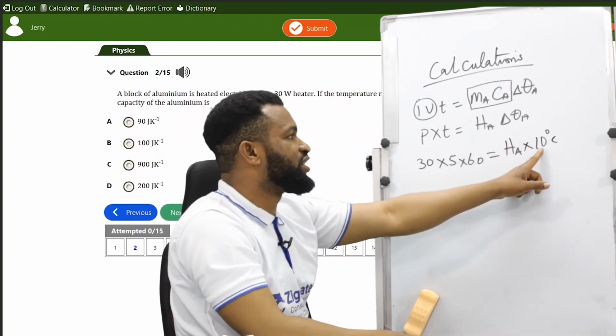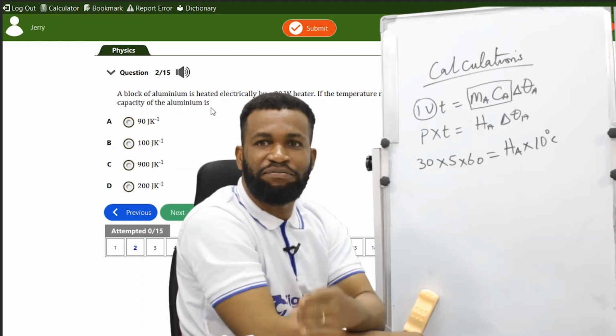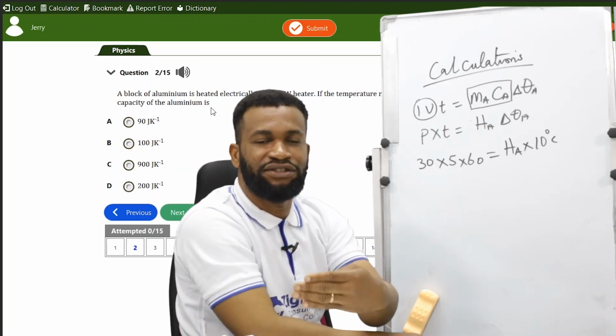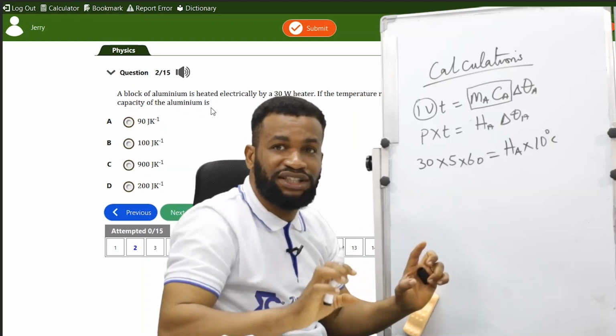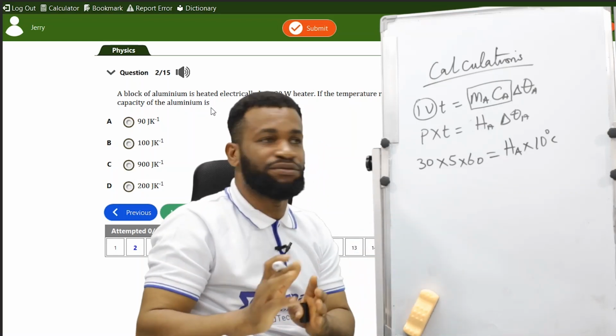Why am I using 10 degrees Celsius? Because they told me that the temperature rises by 10 degrees Celsius. That means they have already subtracted theta 1 from theta 2.